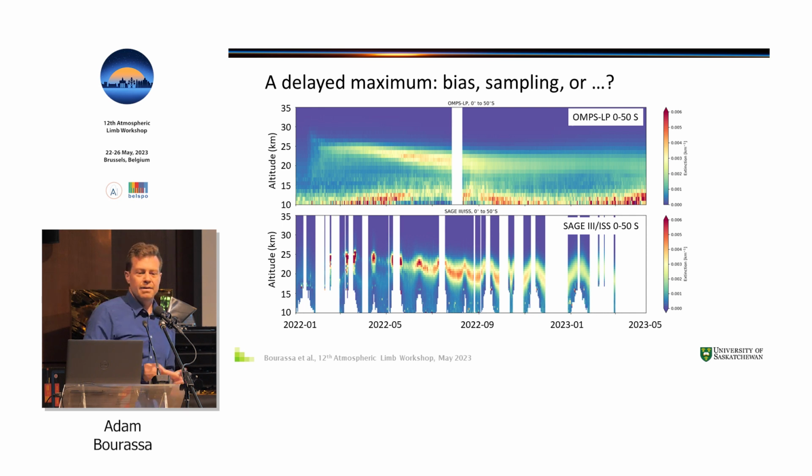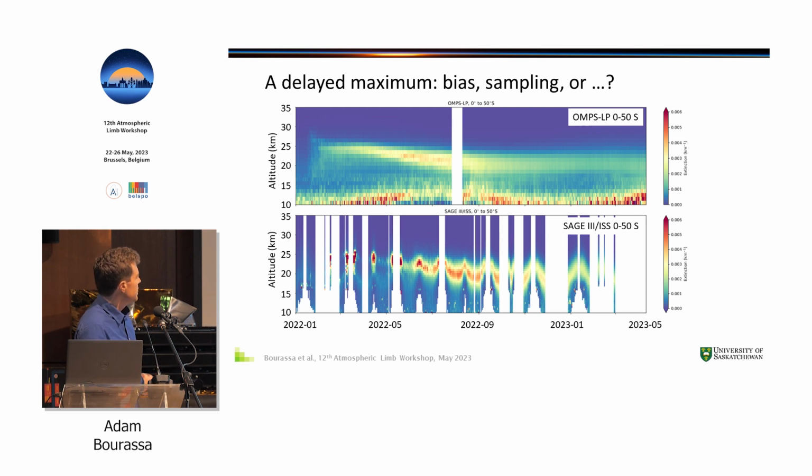And so I thought, okay, I don't know, maybe that's the bias, this particle size thing that we're seeing that's shifting over time. So I made the SAGE plot, and I got a plot that looks very much like what Travis was showing this morning, where in this big latitude bin, SAGE is doing its sampling thing. So it's sampling the tropical plume, the extratropical plume coming in and out.